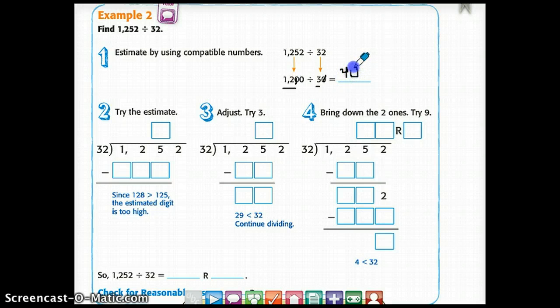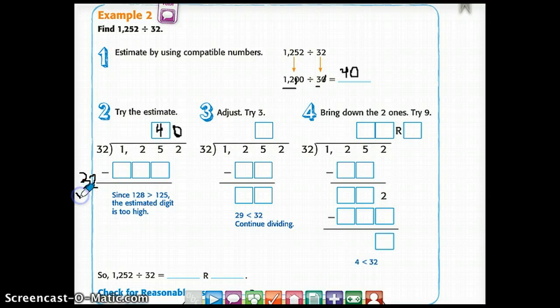So I'm going to start with the estimate. That's my next step: try the estimate. We're going to see how 40 works as a quotient. Off to the side, I could do 32 times 40.